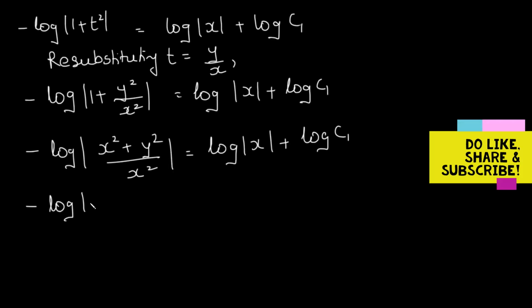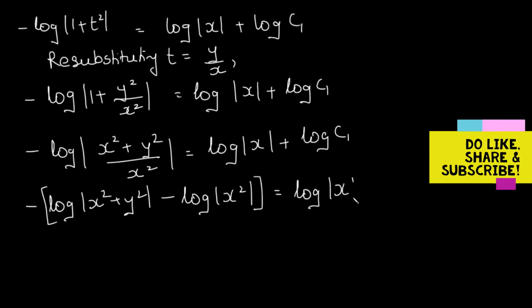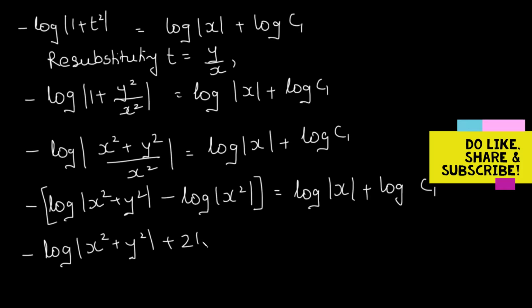So minus log of x square plus y square upon x square is written as minus, within a bracket, log x square plus y square minus log x square. The denominator comes out this way. Now we open the bracket, so minus into minus becomes plus, and log x square can be written as 2 log x.